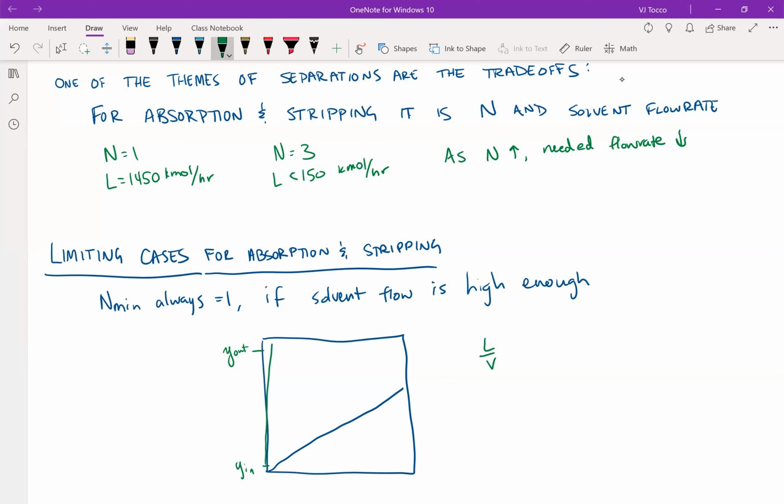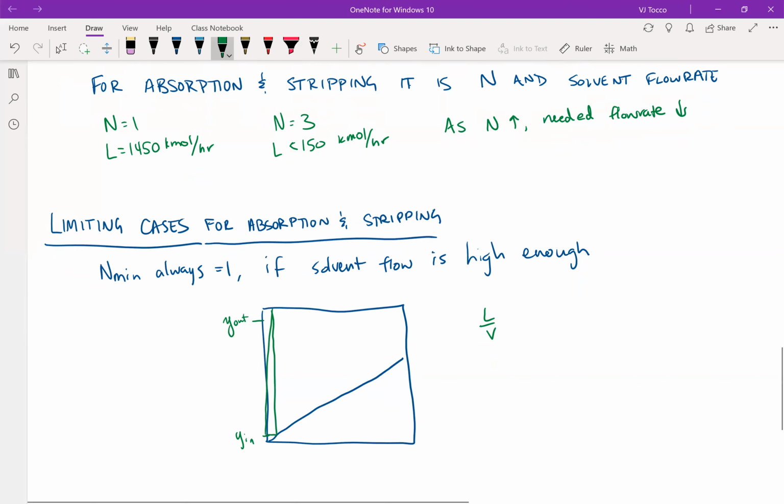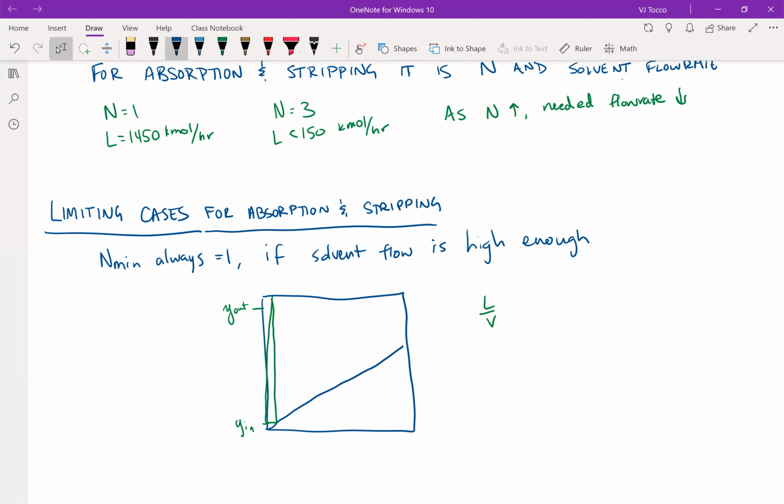So let's say I really push the limit as L goes up by a lot. Then in one single stage, as I've shown you in this little cartoon, you can reach Y out with one stage if your L is high enough. That's not really an interesting case, though. This is good for figuring out what L max is or what V max would be for a stripping column.